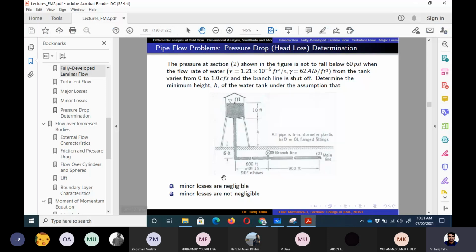So first of all, I think it is better if we copy this figure on the whiteboard so that it is in front of us.